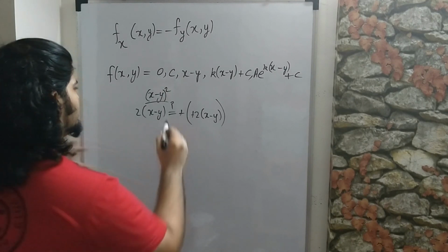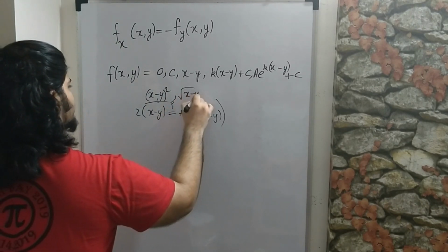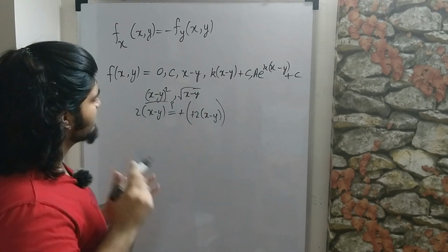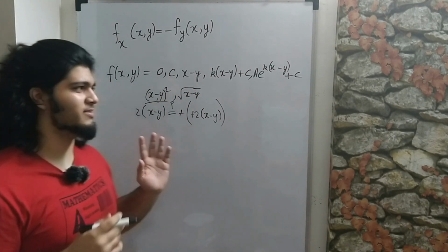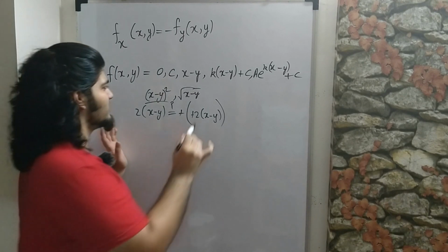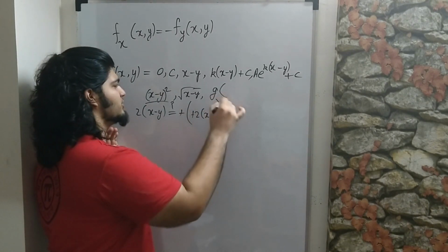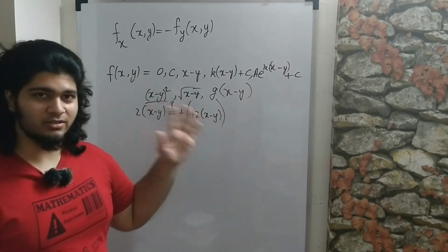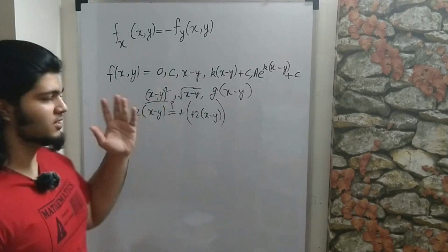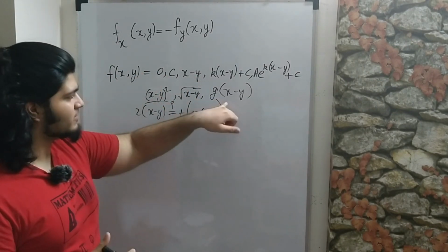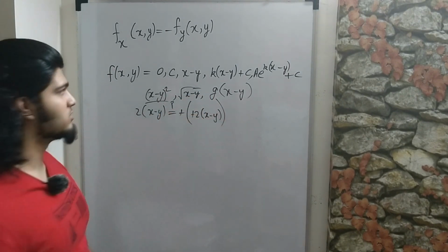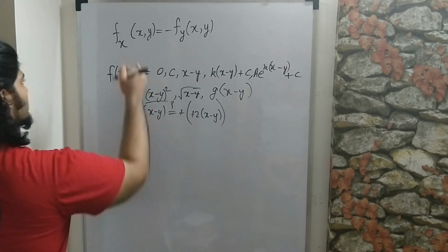How about root of x minus y? Does that work? If you see properly here, all we are doing is making up functions of x minus y. So g is any single variable function, and we are just plugging x minus y into that.